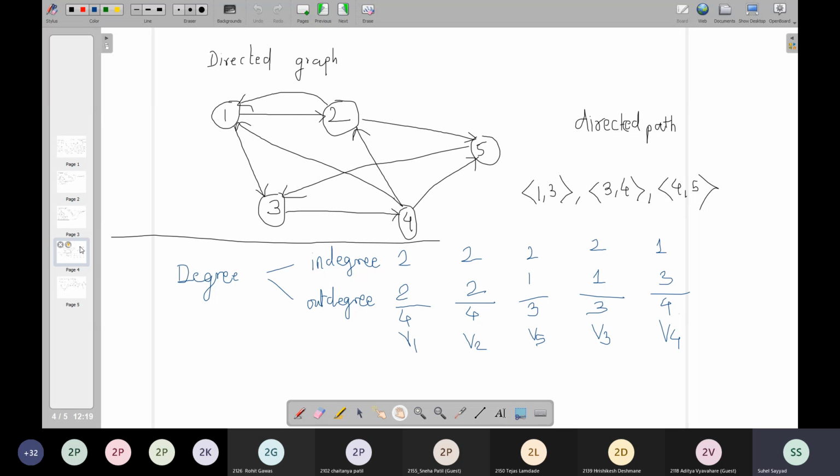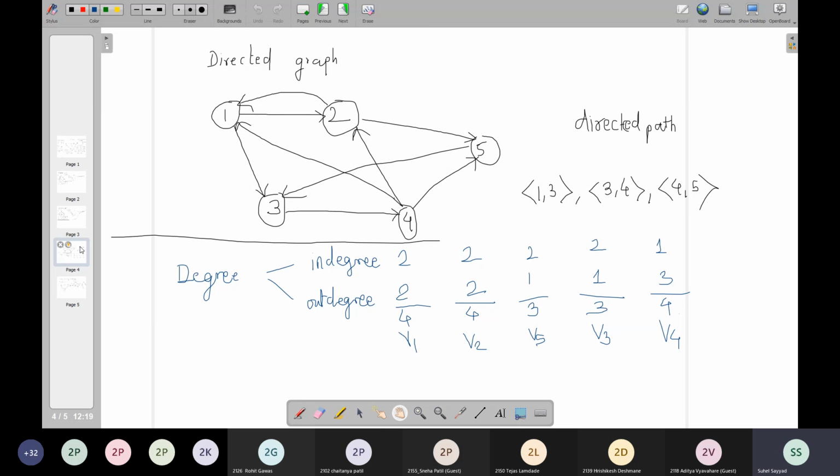Before degree we have seen directed graph also, right? So if your edges have directions, then such a graph is termed a directed graph. If your graph is an undirected graph, then the same edge can be used to go from both the vertices to each other, right?